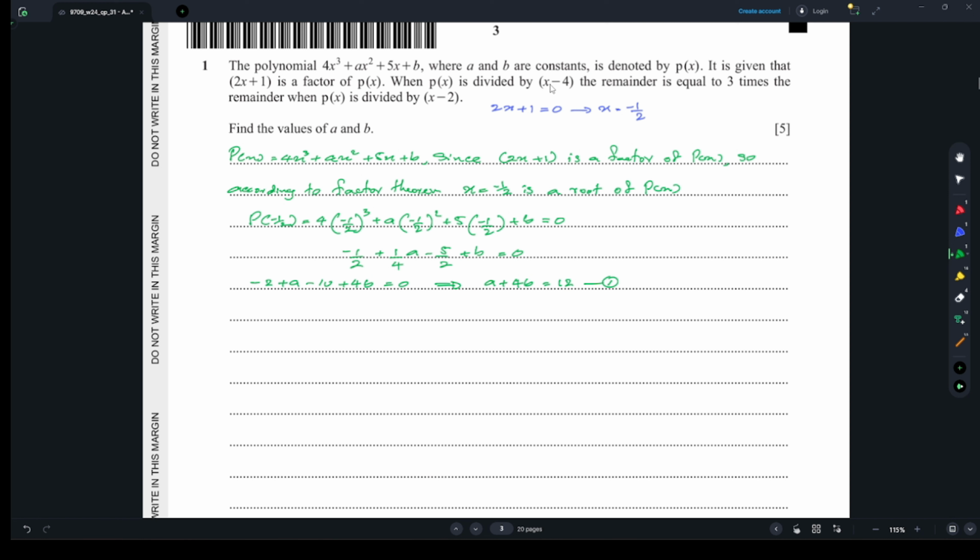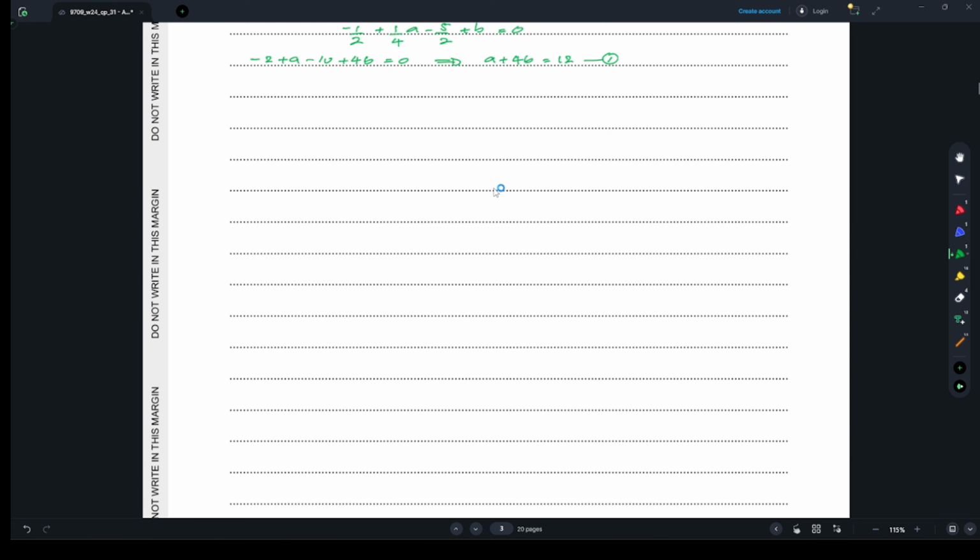So x minus 4 equated to 0 gives x equals 4, and the other one is x equals 2. You have to substitute them, and they say that this equals 3 times the remainder. So we can write here, according to the remainder theorem.